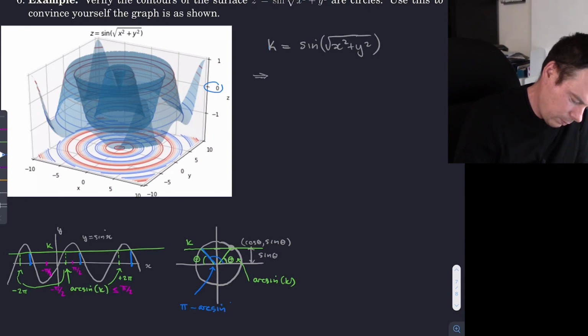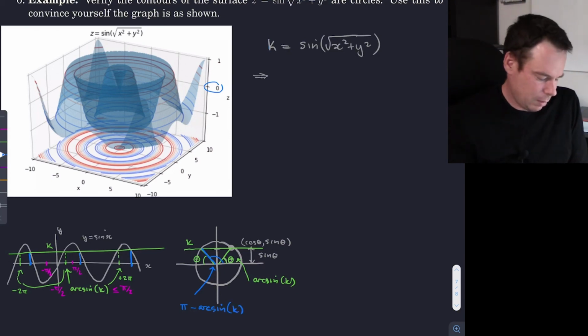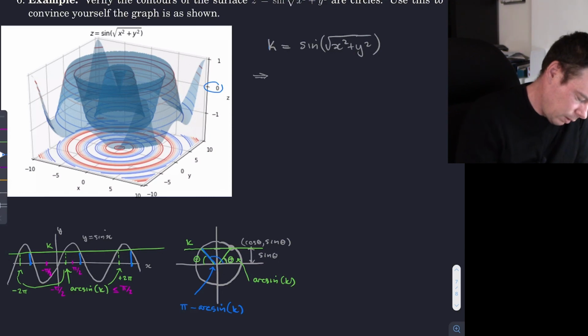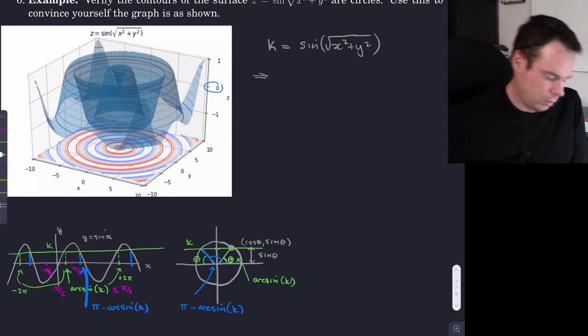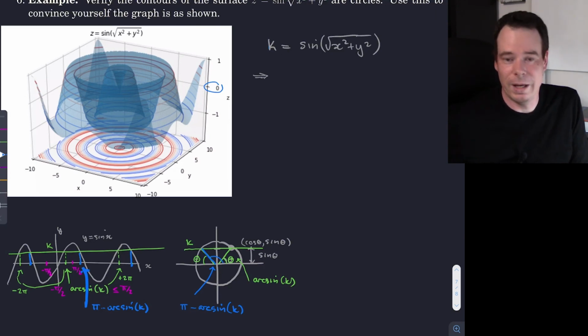So that's that blue angle, or in other words, pi minus arcsine of k. That's this guy right here. Pi minus arcsine of k. So that's another angle, and those are the two angles we want.